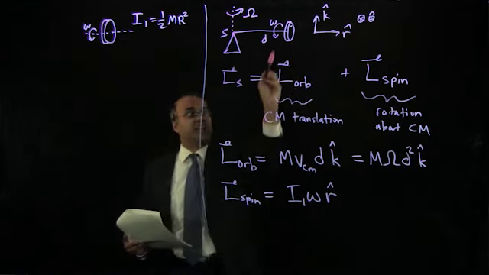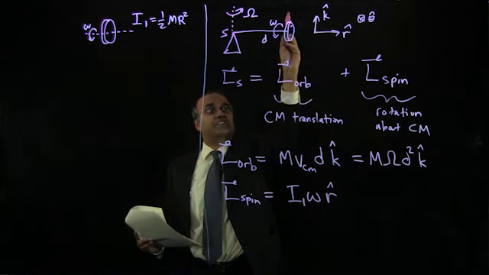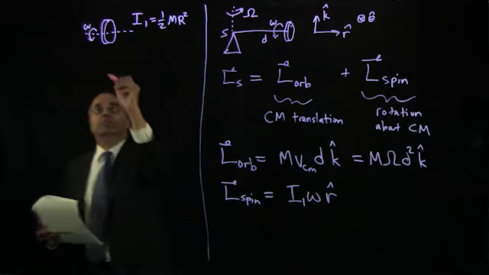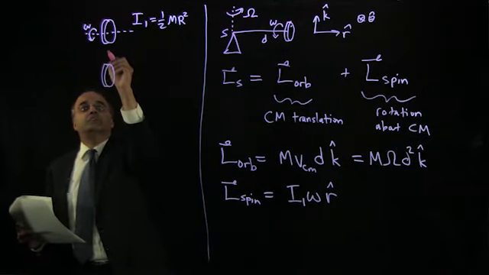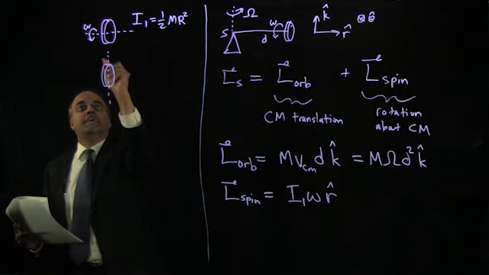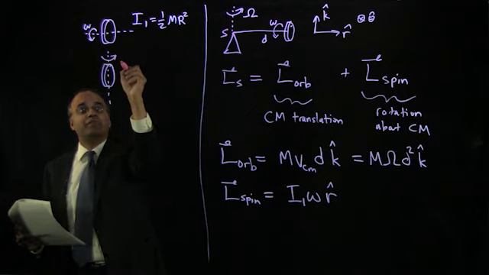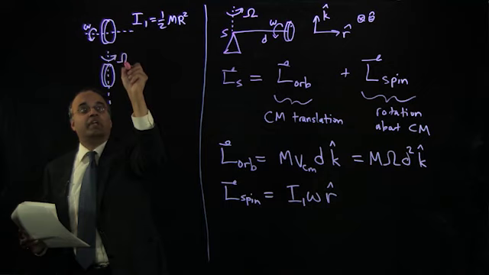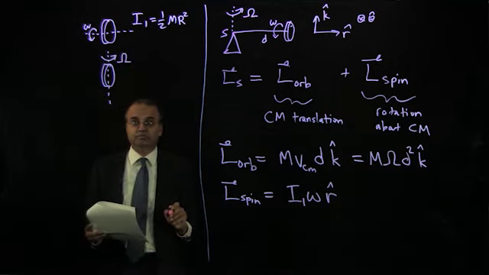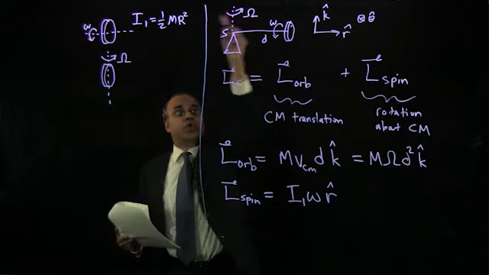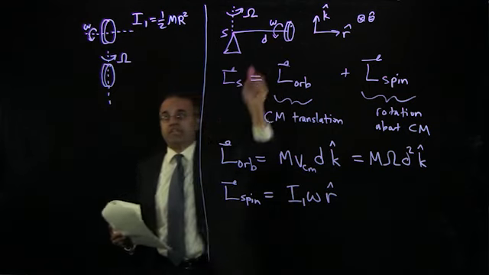And what that means is that this disk has actually rotated about its diameter. So this disk has rotated around a diameter like this. And that rotation is at the slower angular speed, capital omega. And it takes one full orbit for it to rotate entirely around.